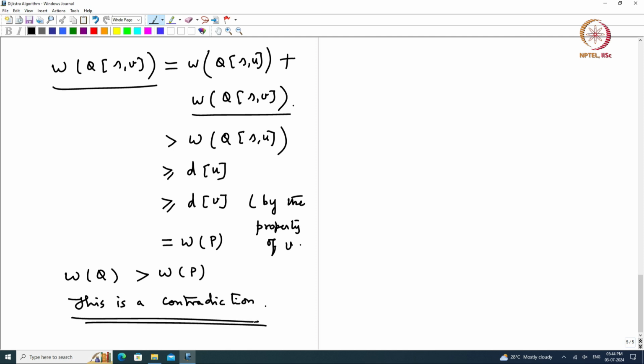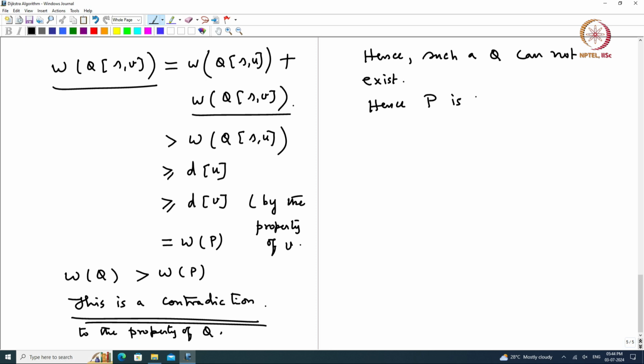This is a contradiction to the property of Q, because we have assumed that Q is the shortest path. Hence, such a Q cannot exist. Hence, P is the shortest path.